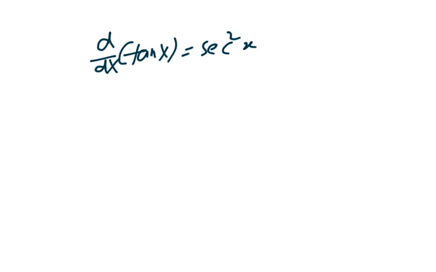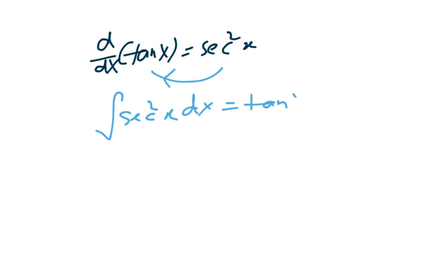We do not have integration of tangent of x, but since we know that differentiate tangent of x is giving us secant square of x, in reverse, if we are actually integrating secant square of x dx, it is giving us tangent of x plus c.